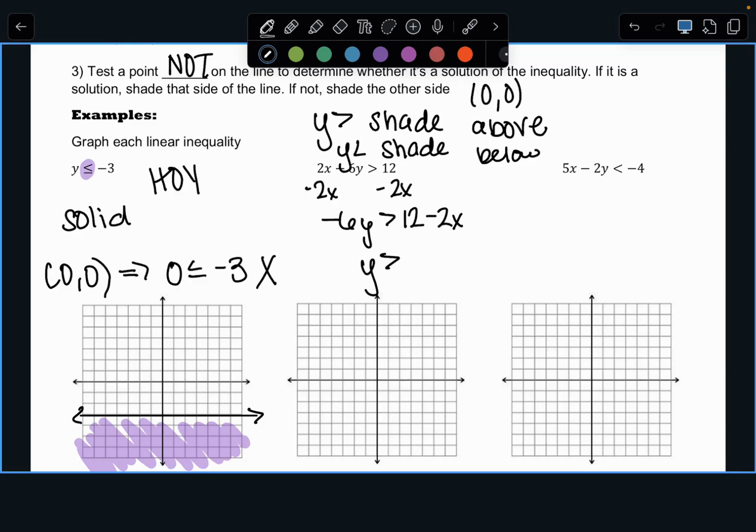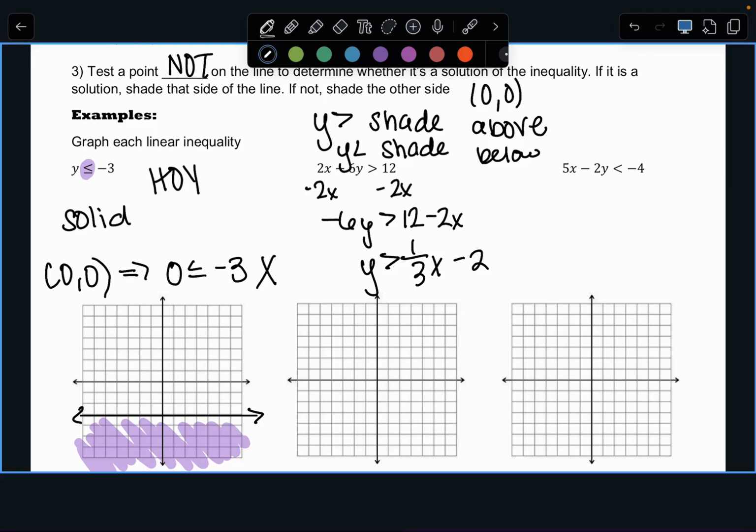Okay, I'm going to switch my order here. I'm going to do -2 first. -2 divided by -6. Reduced fraction, what is it? 2 over 6? Yeah. Reduce it. 1 over 3, 1/3. You don't have to technically if you're just graphing, but you could. 1/3. And then 12 divided by -6.